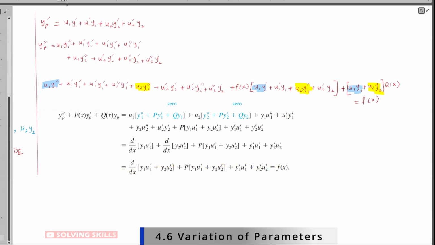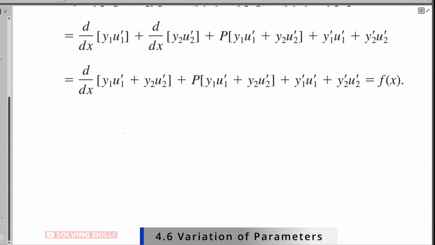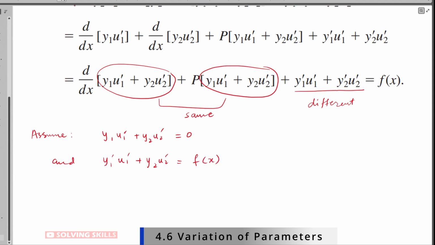So what happens now? In this final form, we observe that these two terms are the same, whereas this is different. At this stage, we make an assumption that y1 u1 prime plus y2 u2 prime equals 0, and y1 prime u1 prime plus y2 prime u2 prime equals f of x, and then we will be able to find the values of u1 and u2.